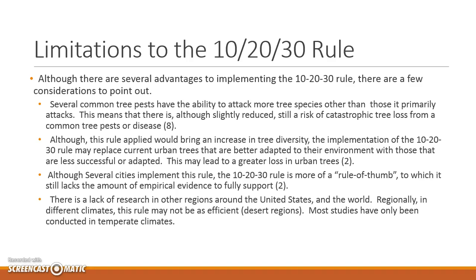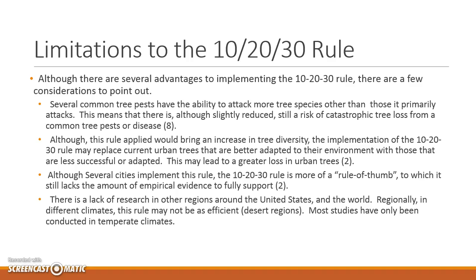Although several cities implement this rule throughout the United States and abroad, the 10-20-30 rule is still considered a rule of thumb, which still lacks the amount of empirical evidence to fully support it in the scientific community. There's also a lack of research in other regions around the United States and the world.